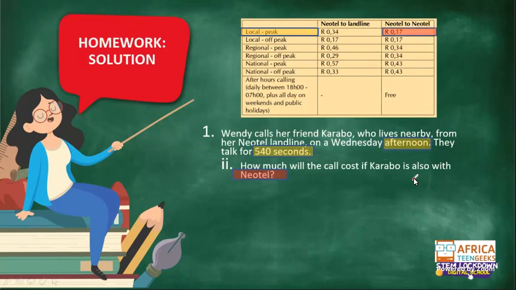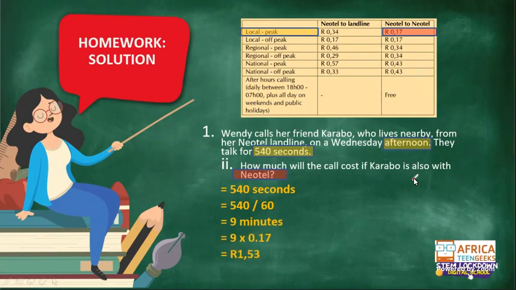So our call cost now per minute would be 17 cents. So we're going to use the same formula, 540 seconds divided by 60 seconds in a minute, gives us 9 minutes, and we times that now by 17 cents. And it gives us a total of 1 Rand 53.